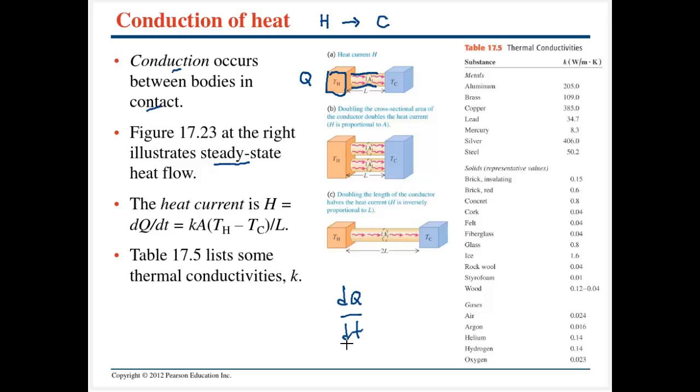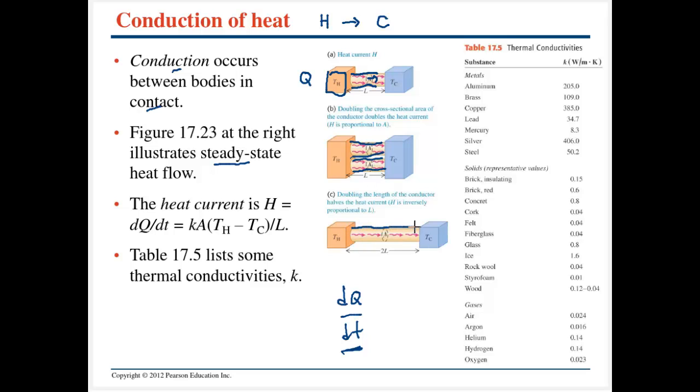So a change in heat per unit time, how much is flowing through my hose. If I consider just having a single hose, I can figure out how much heat is flowing through that hose. If I take my single hose and add a second hose, I've essentially doubled the area that the heat can flow through, so I can get more heat flow if I increase the area.